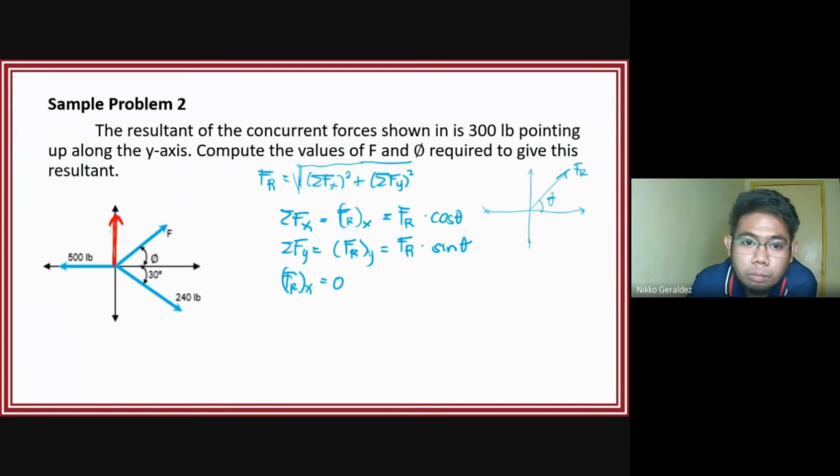And the y component of the resultant force, since it is pointing up along the y-axis, is equal to positive 300 pounds. So hinahanap natin, what is the magnitude of force F? Gagamitin muna natin tong formula.